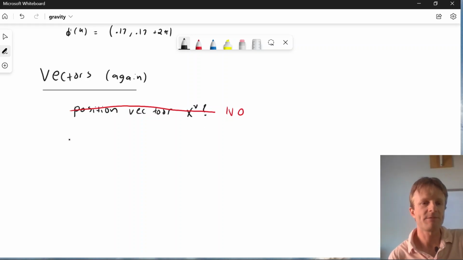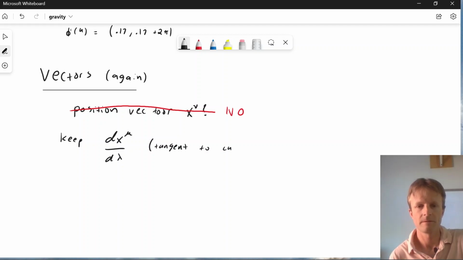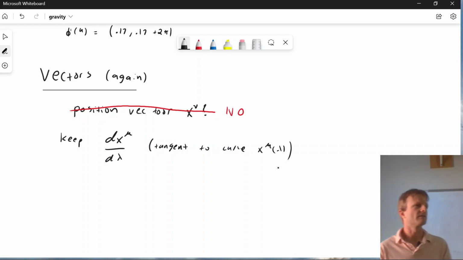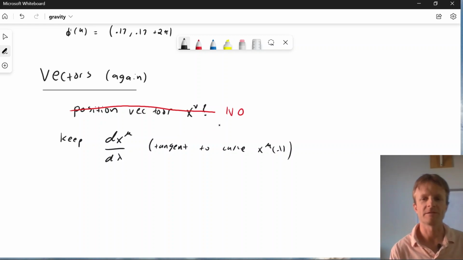But we're going to keep the idea of this thing, some dx mu d lambda, tangent to a curve. So this thing should still be a vector, more like a velocity vector, a little local infinitesimal displacement.